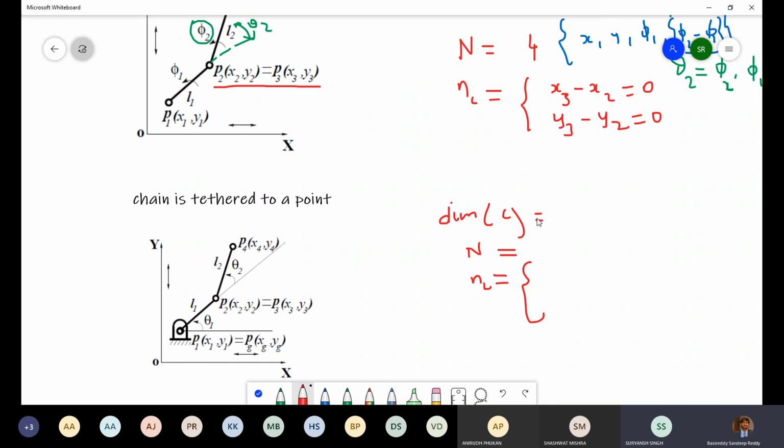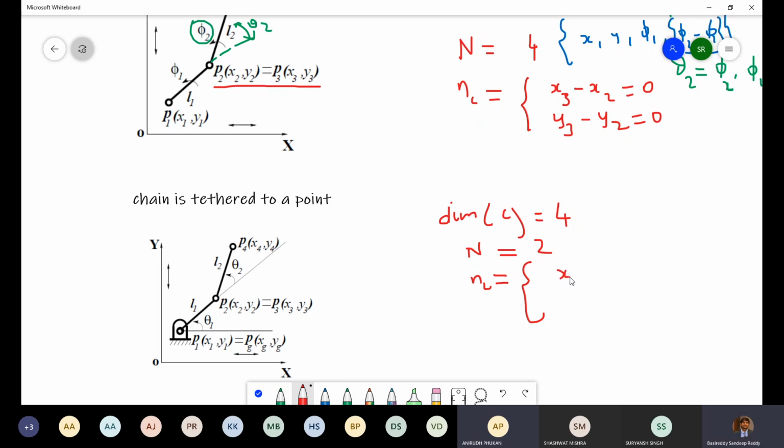It will be 4, sir. Oh, this will be 4. Yes, sir. And degree of freedom is 2. Degree of freedom 2. Okay, and what are the constraint equations? The fact that x1 is a fixed point now, xg, and y1 is yg.